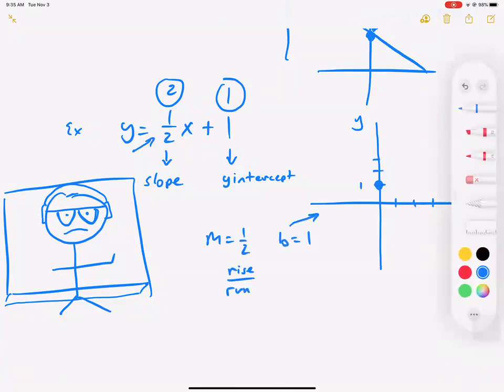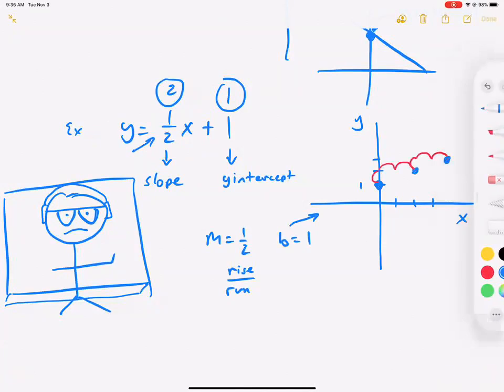And my run, we said, is 2. 1, 2. Now we have 2 points. That's all we're doing. We're going to do it one more time. From our second point, we're going to rise 1 step, and we're going to run 1, 2. And it's almost like we're dropping breadcrumbs as we walk. And we can draw a line now that goes through all 3 points.